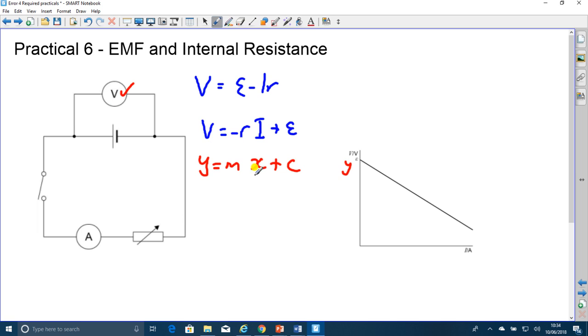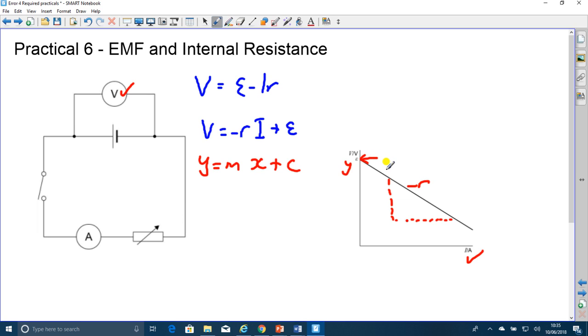The x-axis is the current, which is here, and c is the intercept there. So this intercept tells you the EMF of the battery, and the gradient is minus R. That enabled you to work out the internal resistance of the battery, because it is minus R, and the y-intercept was the EMF of the battery.